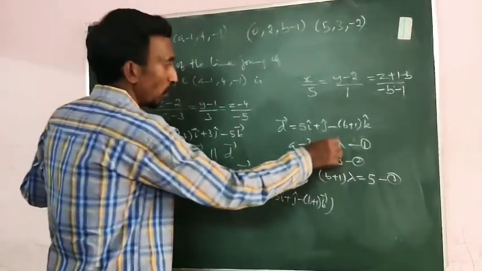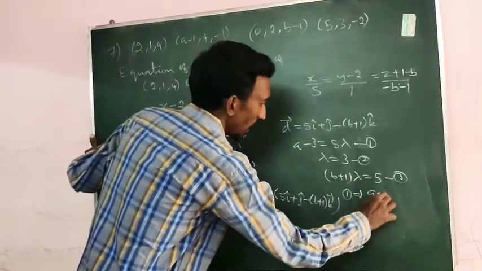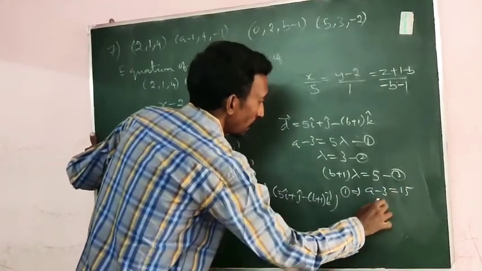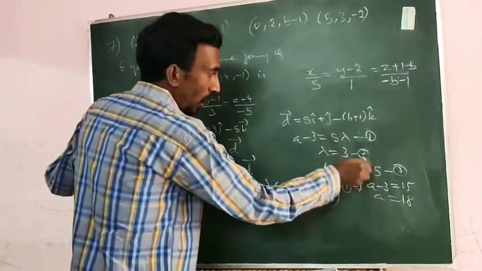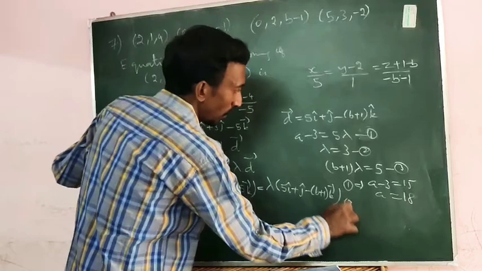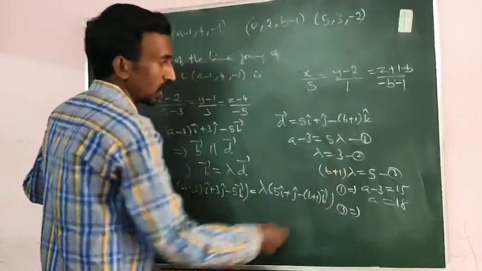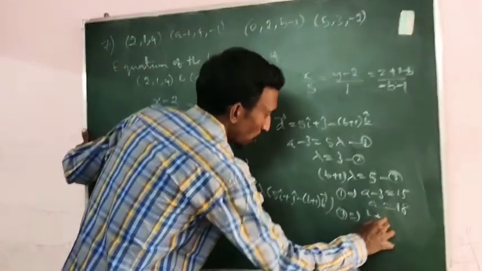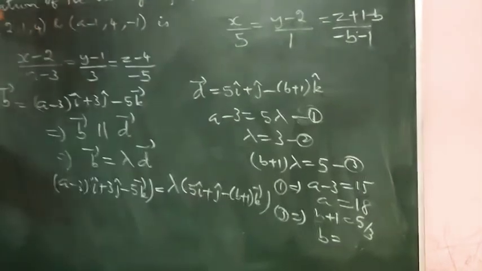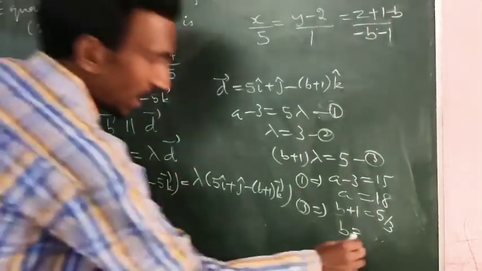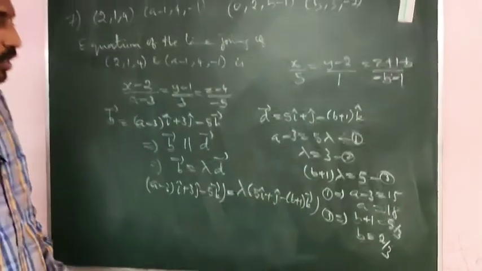If we use 2 in 1, we get a minus 3 equals 15, so a equals 18. If we use 2 in 3, put lambda equal to 3: b plus 1 equals 5 by 3, b equals 5 by 3 minus 1, so that is 2 by 3. So a equals 18, b equals 2 by 3.